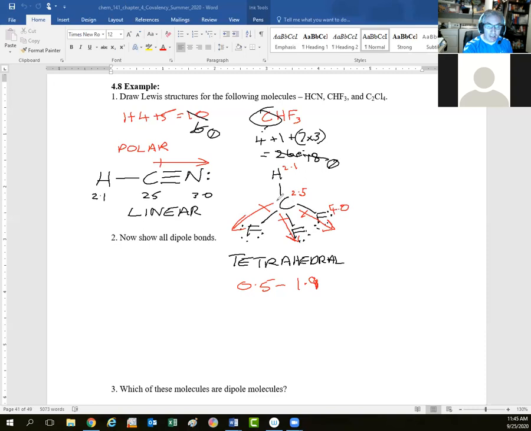And they are creating polarity in the molecule. They would only cancel out if all 4 bonds were polar. And they are not. Carbon to hydrogen bond is non-polar. So our second molecule is also an example of a polar molecule. We've got multiple polar bonds, but they do not cancel out. That only happens in tetrahedral when all 4 bonds are polar.